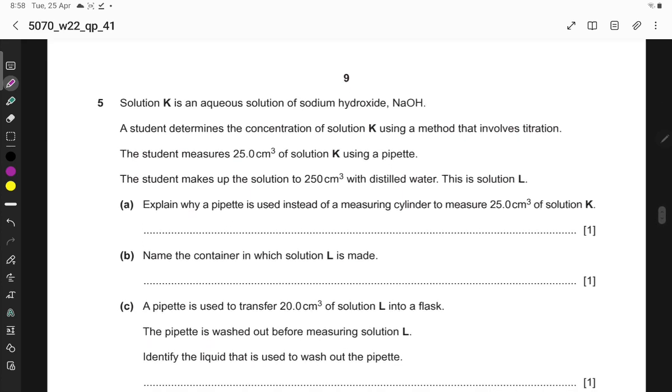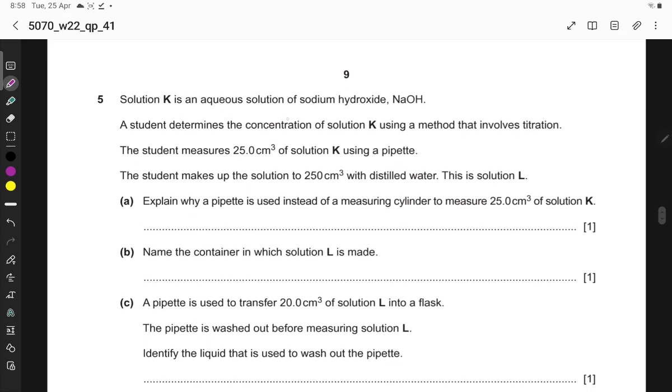Question number 5. Solution K is an aqueous solution of sodium hydroxide. A student determines the concentration of solution K using a method that involves titration. The student measures 25 centimeter cube of solution K using a pipette. The student makes up the solution to 250 centimeter cube with distilled water.